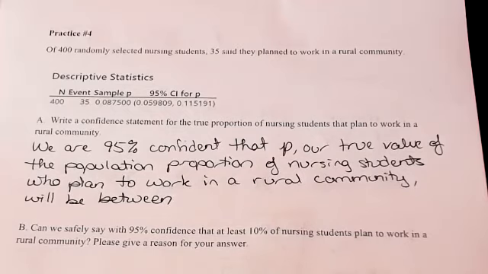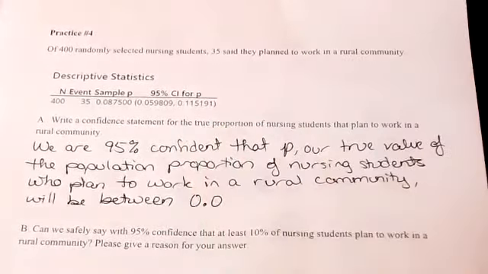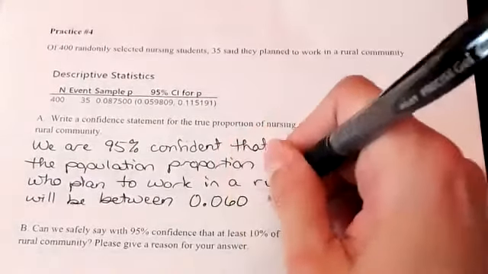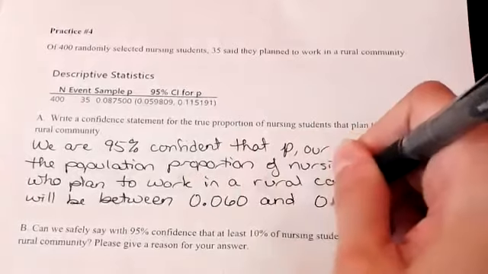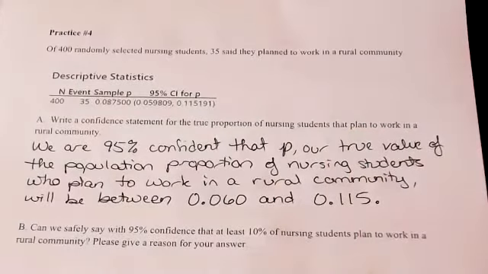I'm going to stick with 3 places after the decimal, and I'm going to write it will be between 0.060 and 0.115. Okay, so those are going to be your values.